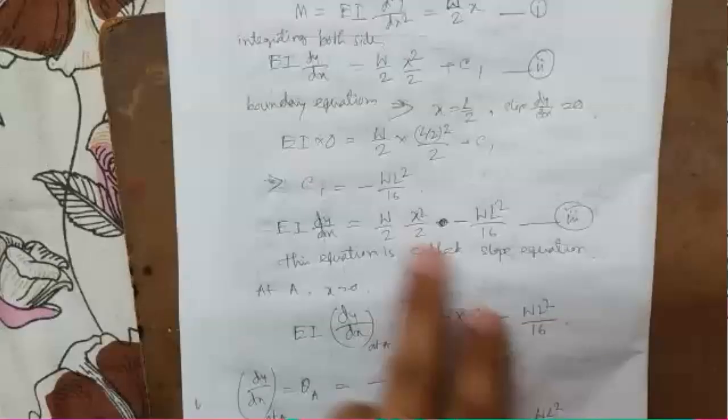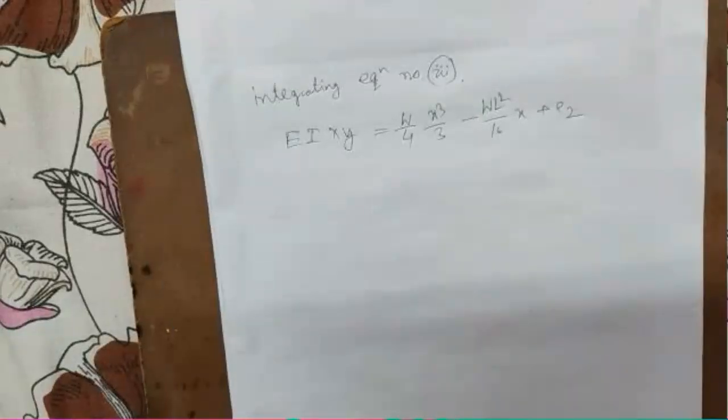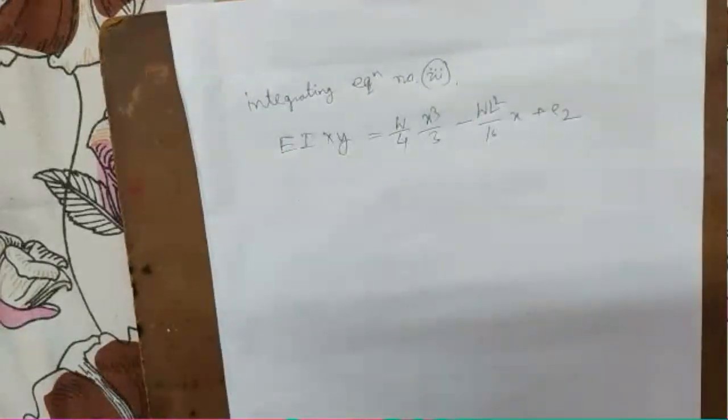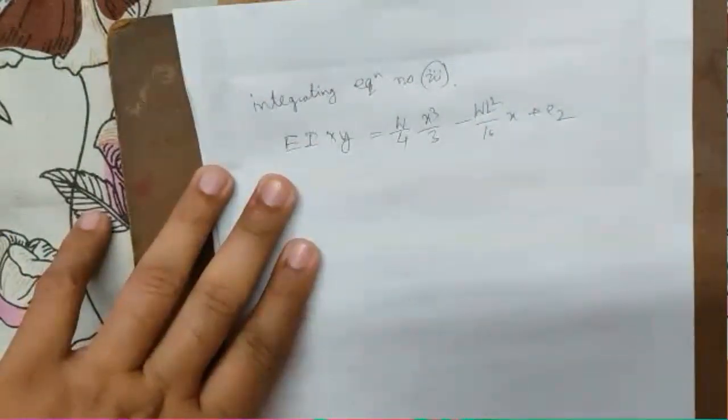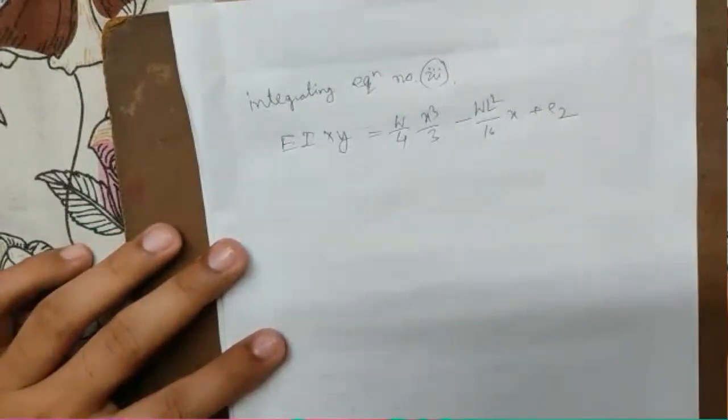Upon integrating with respect to x, we will get wl square by 16 into x plus an integration constant C2. So upon integrating the slope equation, we will get this equation. Now the C2 needs to be found out.